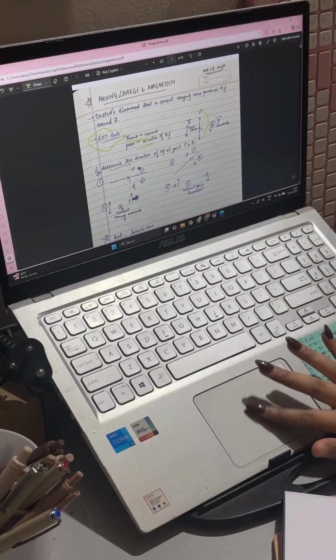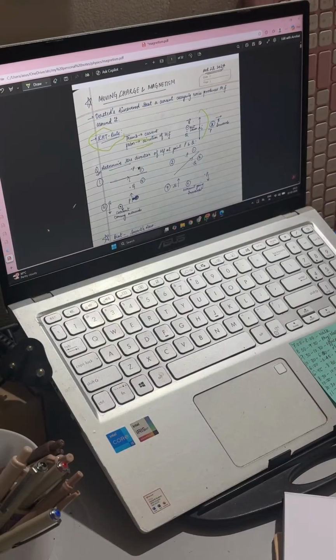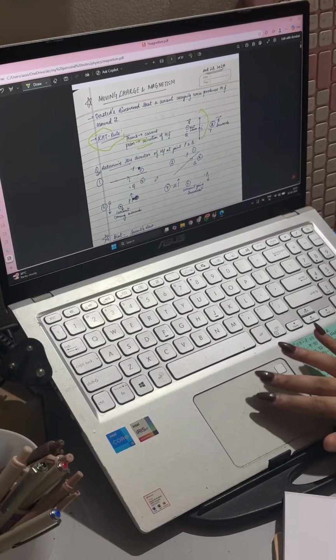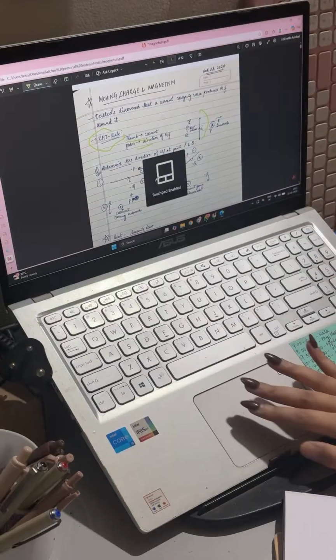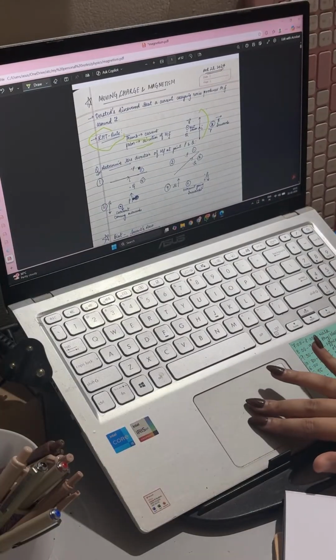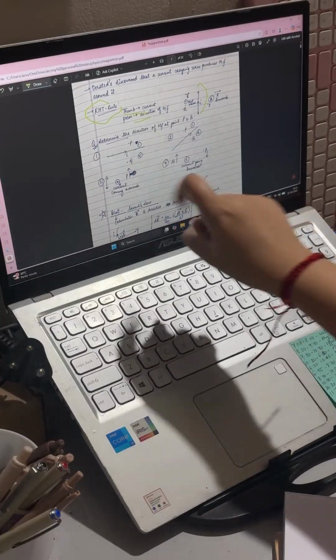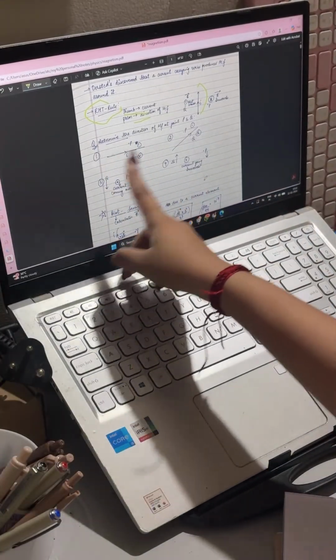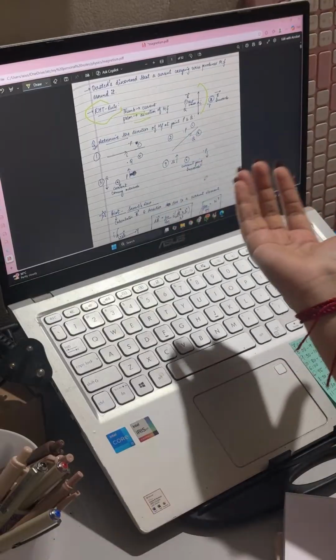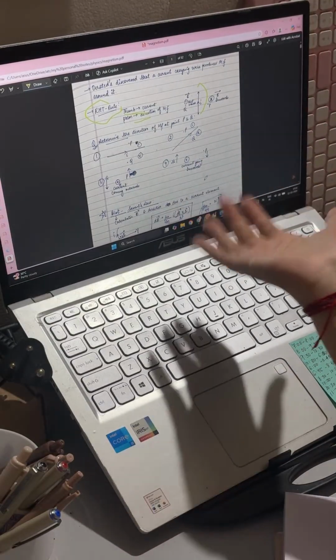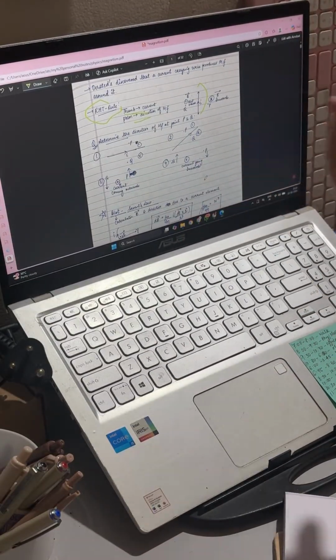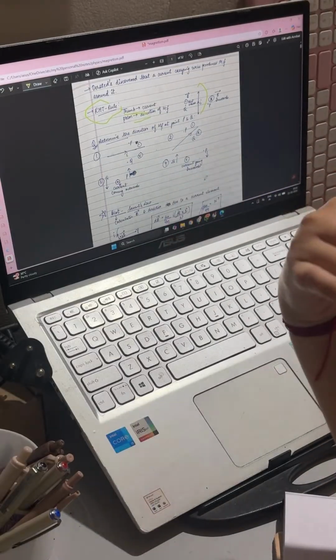Now we need to determine the direction of the magnetic field here. Determine the magnetic field at P and Q. This is the direction of the current. It means it's coming out from this side, and this is going inside here.